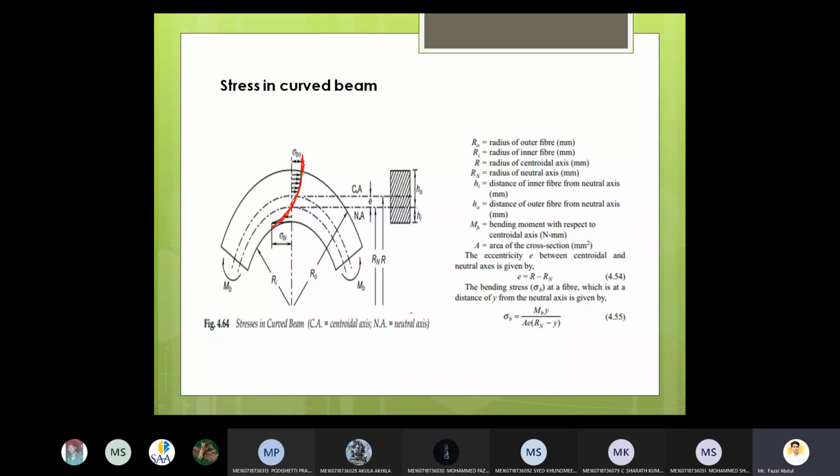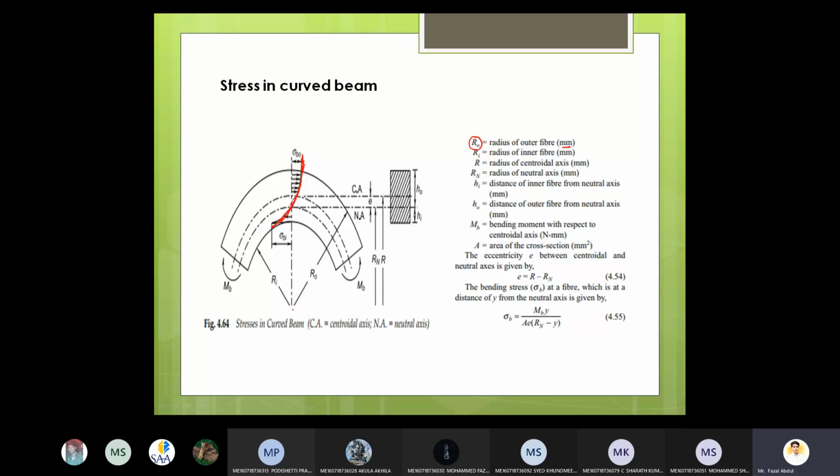Before starting this, the terminology related to this is very important to solve the numericals in this unit. The first one is R naught, capital R suffix naught, that is the radius of the outer fiber in mm. Which one is the outer fiber?